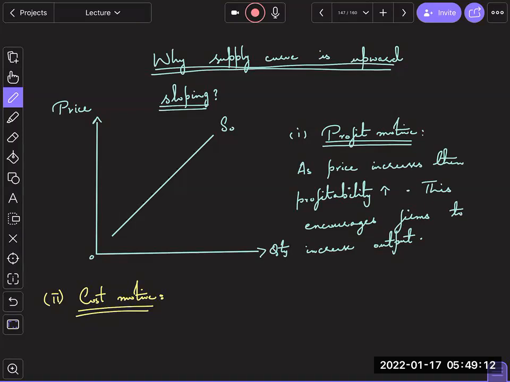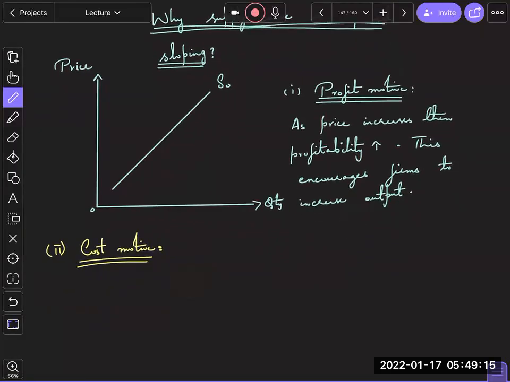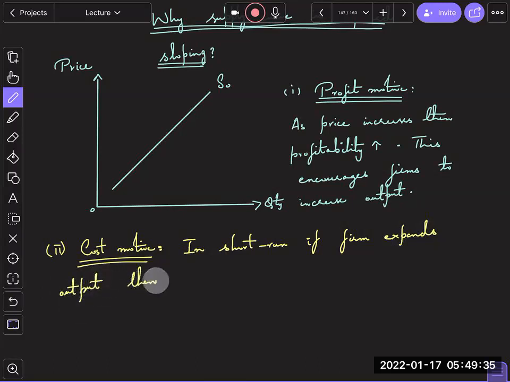So, in the short run, if a firm expands output, then costs will increase, like raw material.